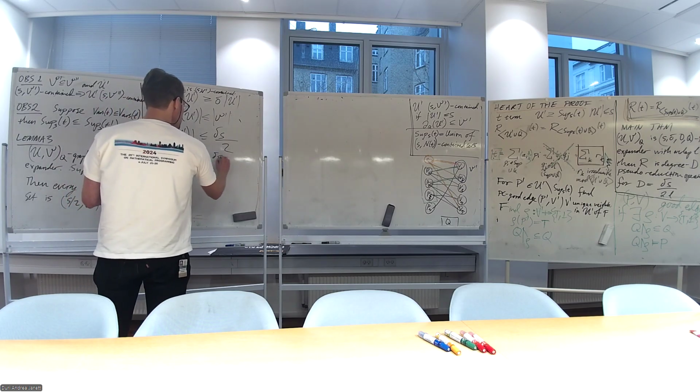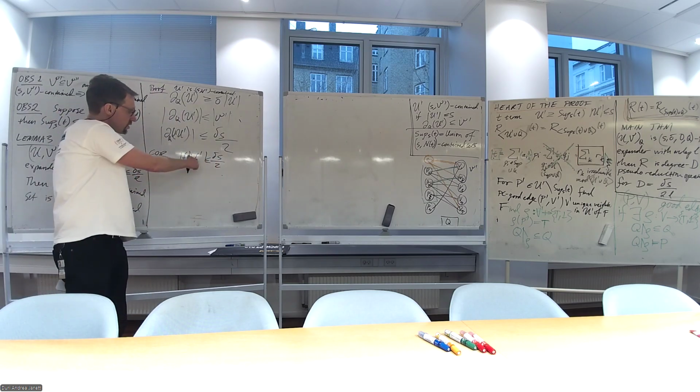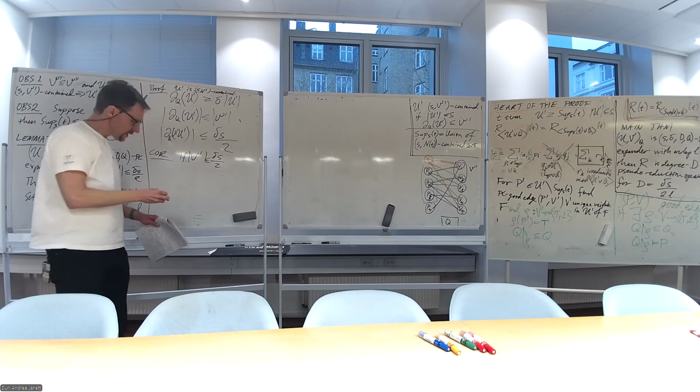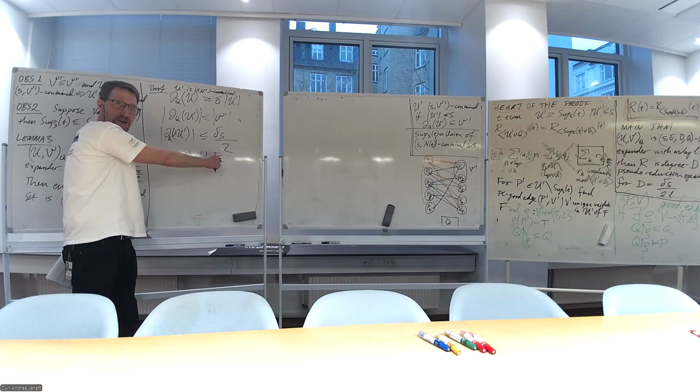So now we say that if V prime is not too large, and in particular, this will be the case if V prime, you should think of V prime as the neighborhood of a term. Then you know already how can I know that V prime is not larger than this?